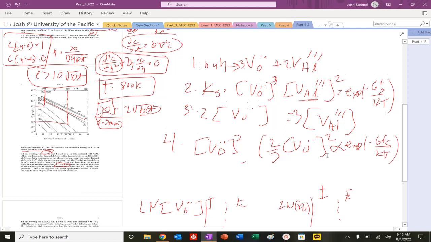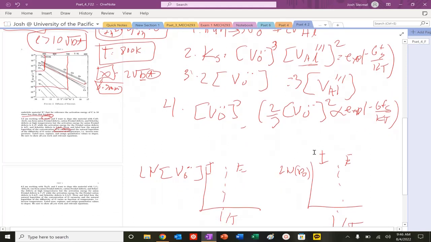Remember, because eventually I'm going to be pulling this out anyways, I'm just looking for the slope. I'm just looking at the proportional relationship. So I'm going to end up with something that looks like V naught, 1, 2, to the 5th power is proportional to exponential, I don't care about the prefactor stuff, over KT.